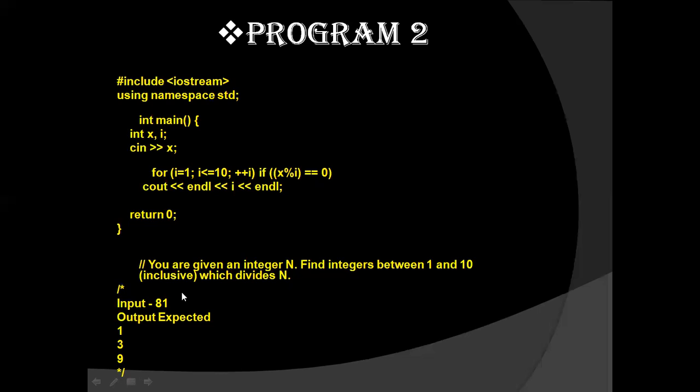Output is 9. So this is a program too, an alternative program, where in main, int x, i; cin >> x; for i = 1; i <= 10; i++, if x % i == 0, count << i << endl, where we write return 0 over here and close the braces, close the loop.